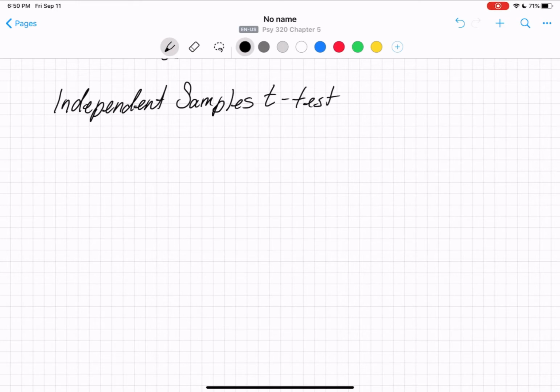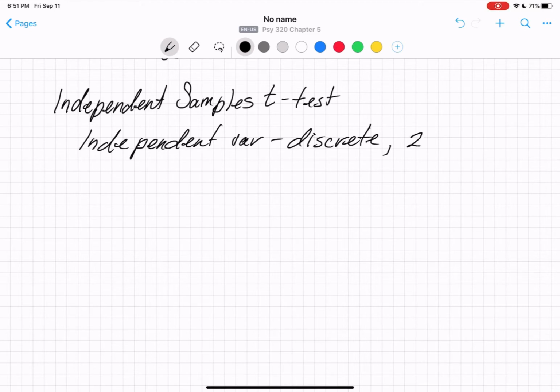So independent samples t-test is where you have an independent variable that is discrete, just like with analysis of variance. The key thing is that it can only have two groups. Okay, you cannot have more than two groups.